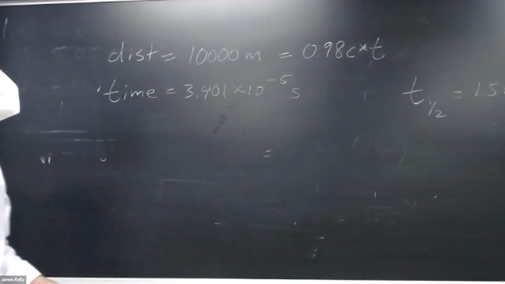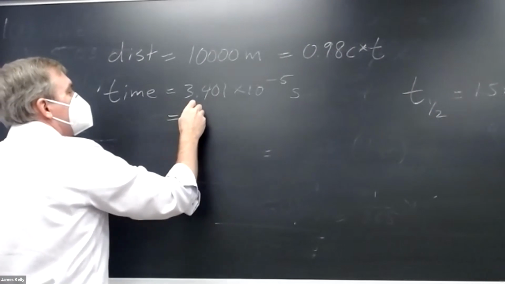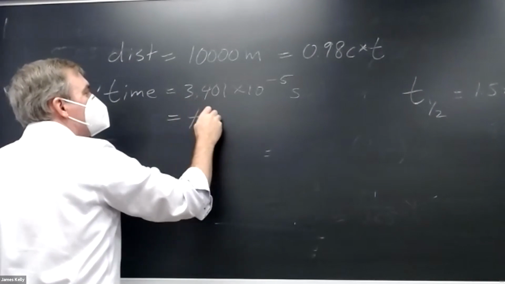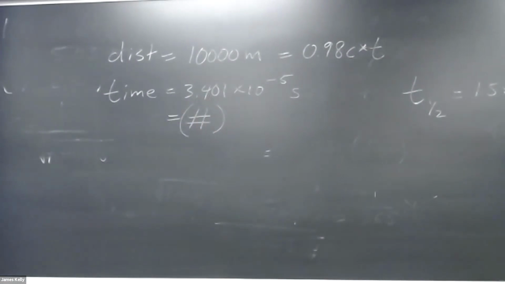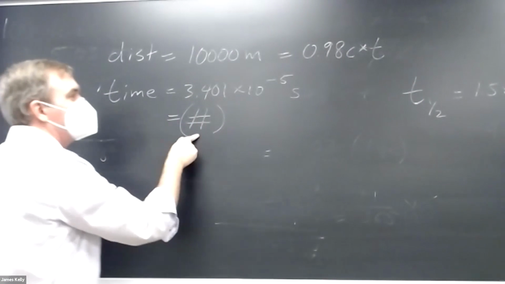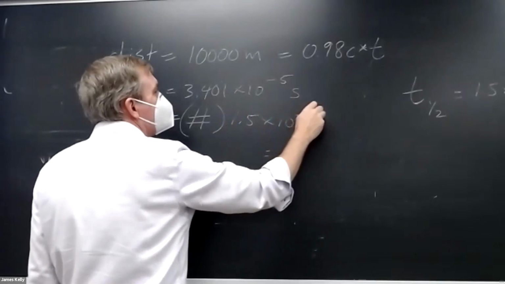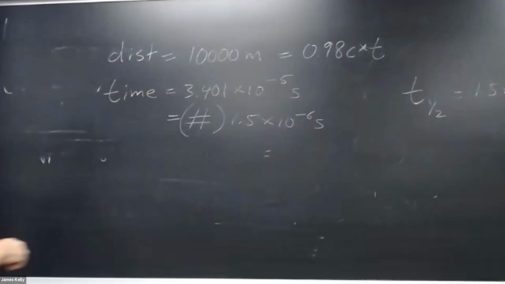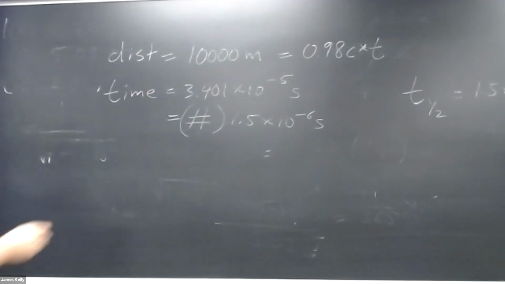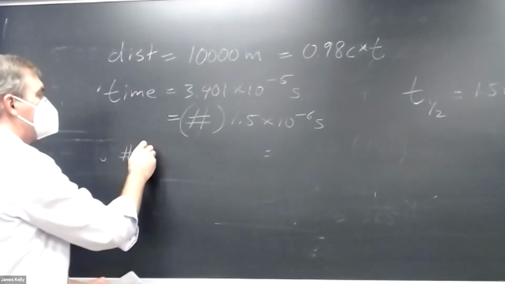So we could say this number is equal to the number of half-lives, I'll just put that as the number symbol, times 1.5 times 10 to the minus 6. What number of these do we have to multiply together to get this? And that number that you'll get is 22.7.